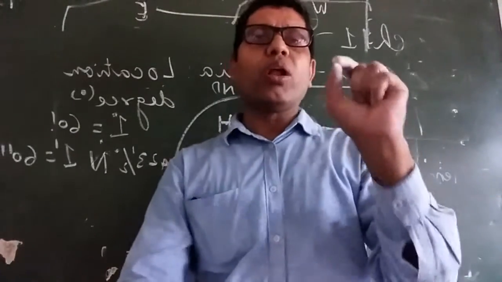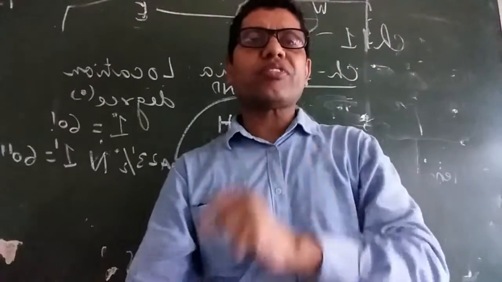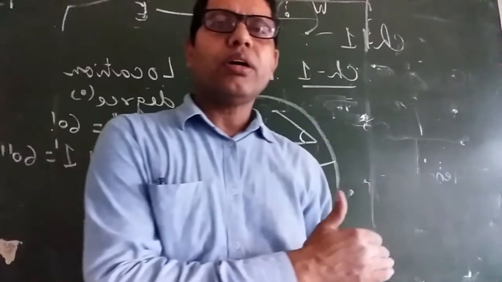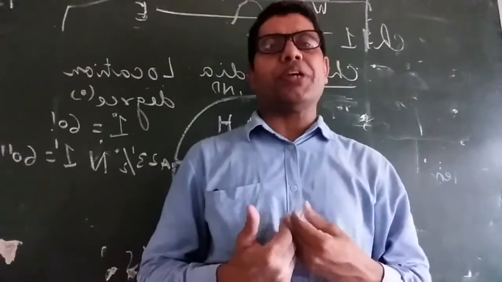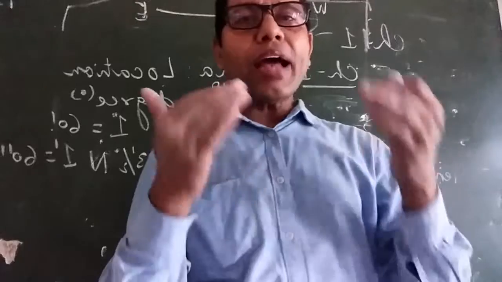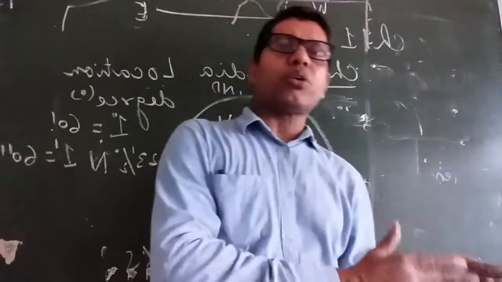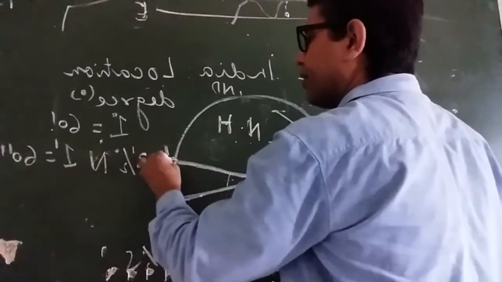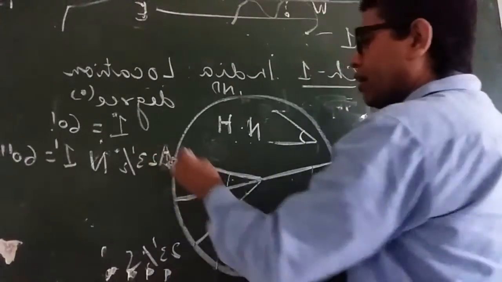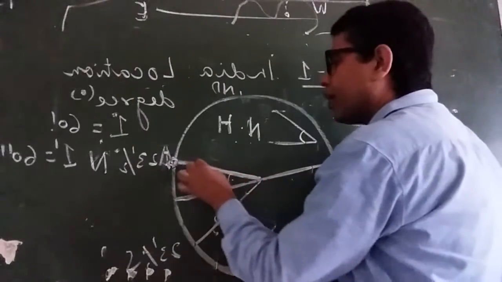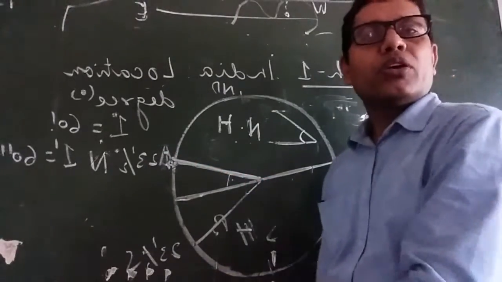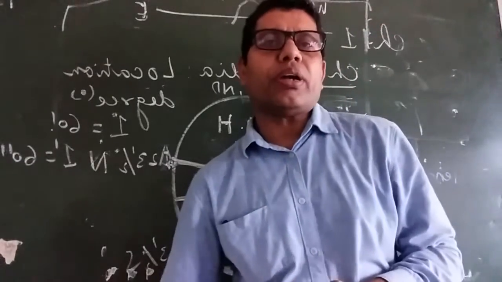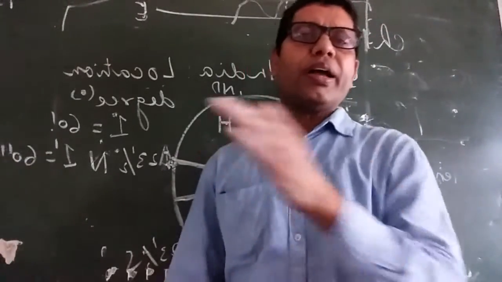Latitude is an angular distance of a place located north or south with respect to the equator. Suppose a place is A here, and if we draw a straight line to the central point of the equator, we have an angle.